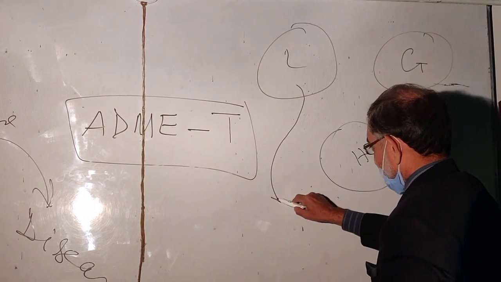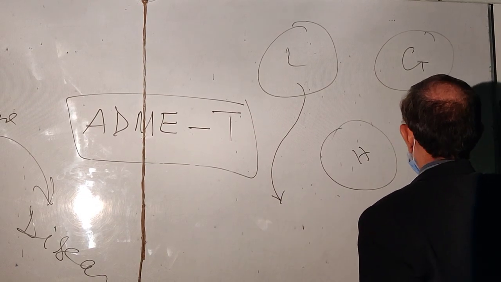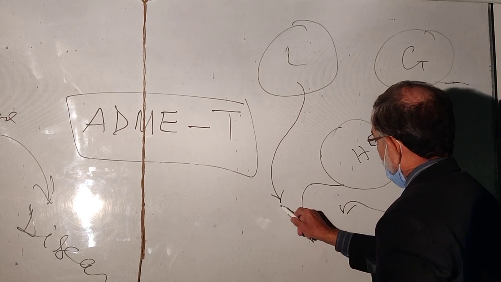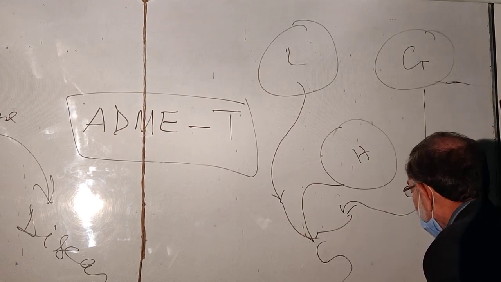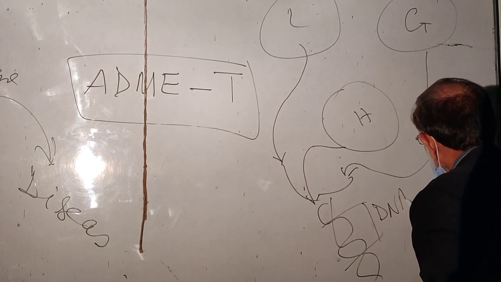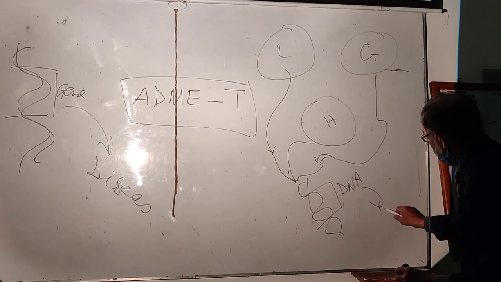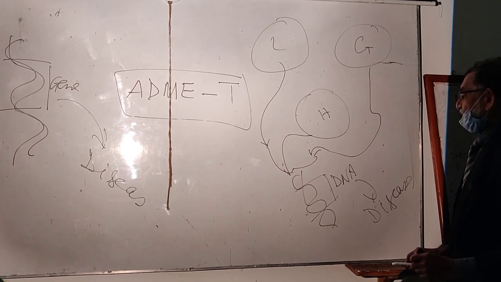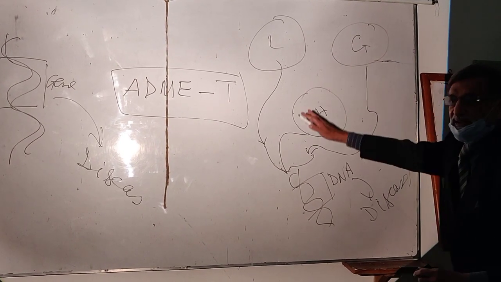Quite a few nucleotides will come from here, quite a few nucleotides will come from here, quite a few nucleotides come from here, and they will constitute a DNA molecule, and this DNA will produce. So this is a multidisciplinary disease.